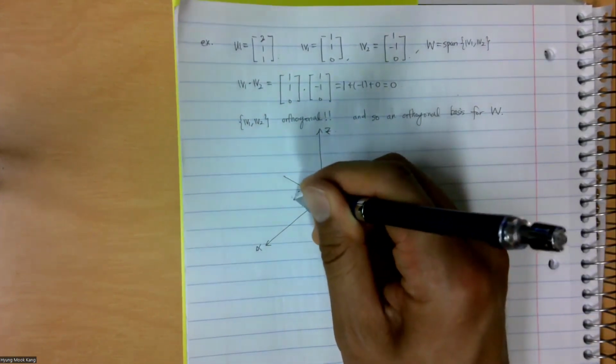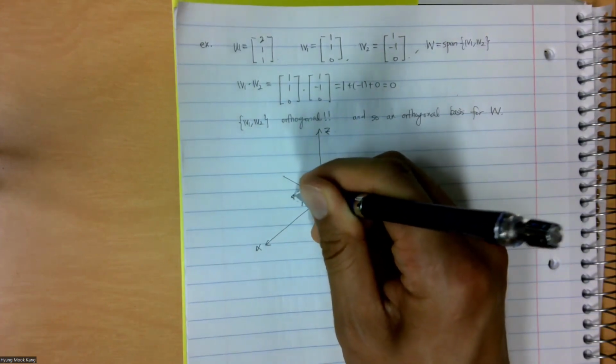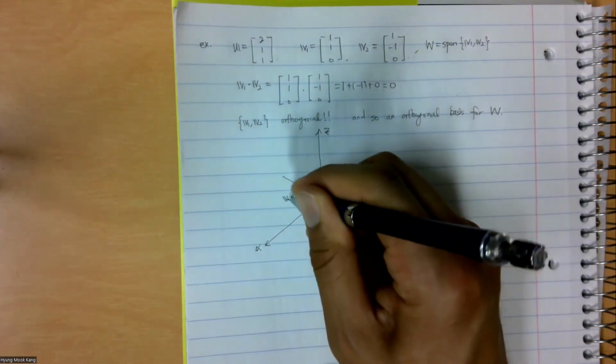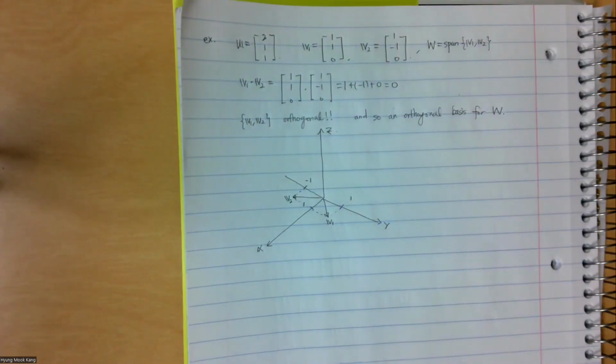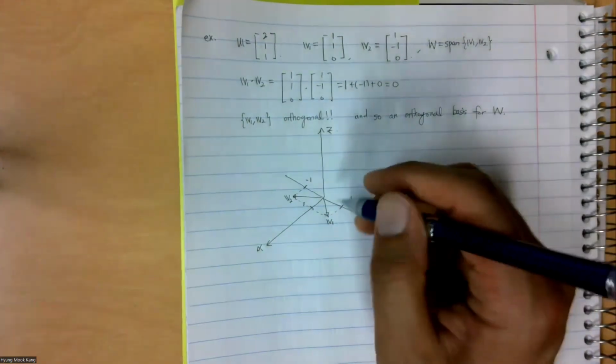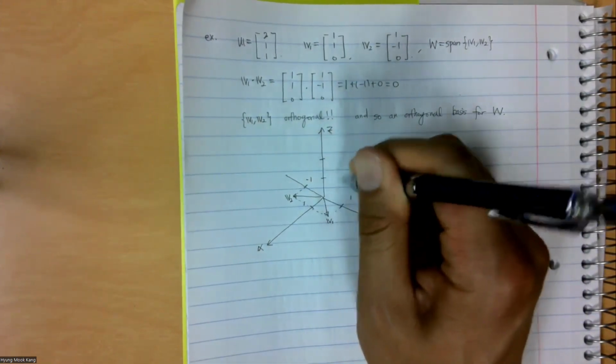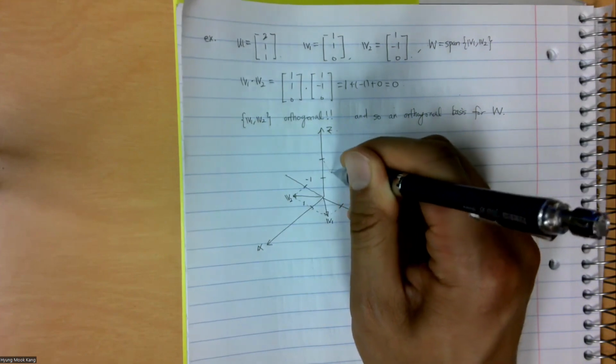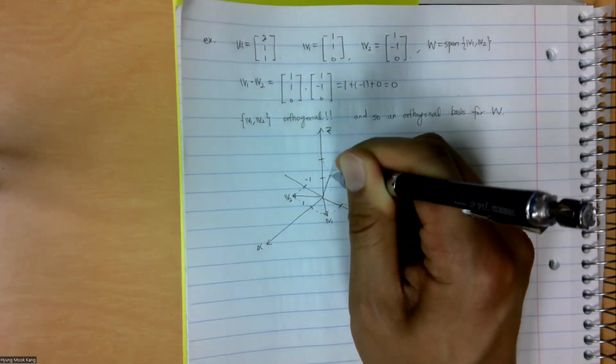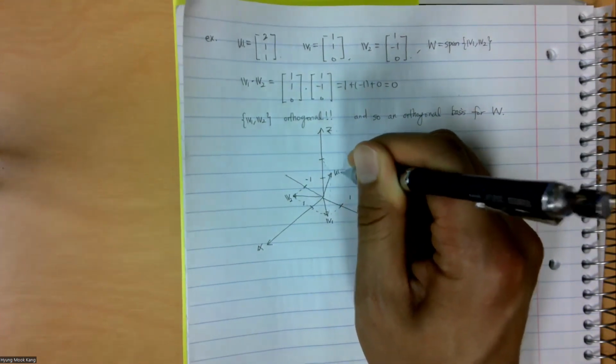So here we've got v2. And let's draw u, (2, 1, 1), something like this.